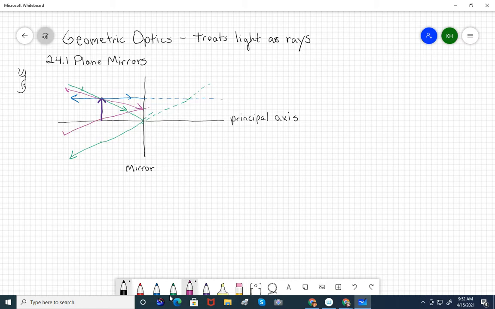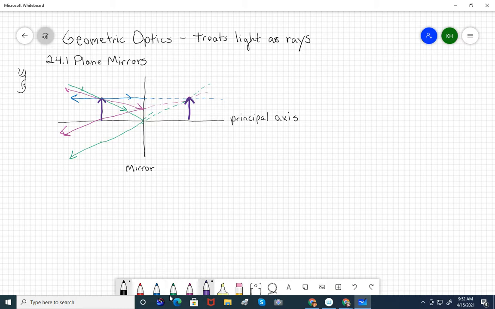And again, if we follow all of those rays, they actually converge right here at this point. Your eye sees these rays coming out of it as if they're coming from this point right here. So we form an image.